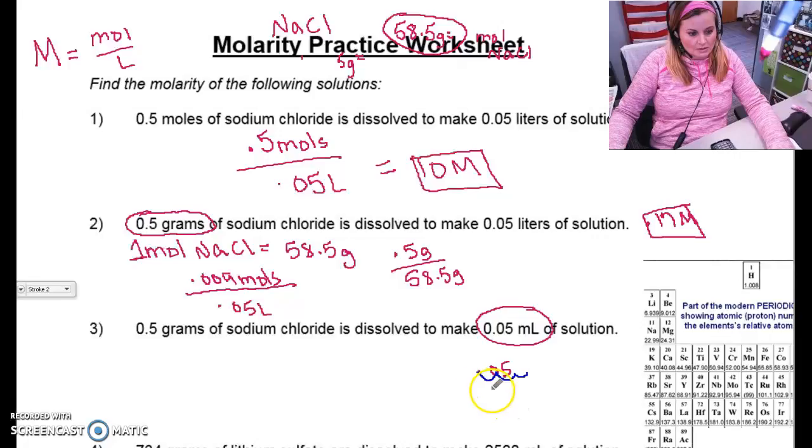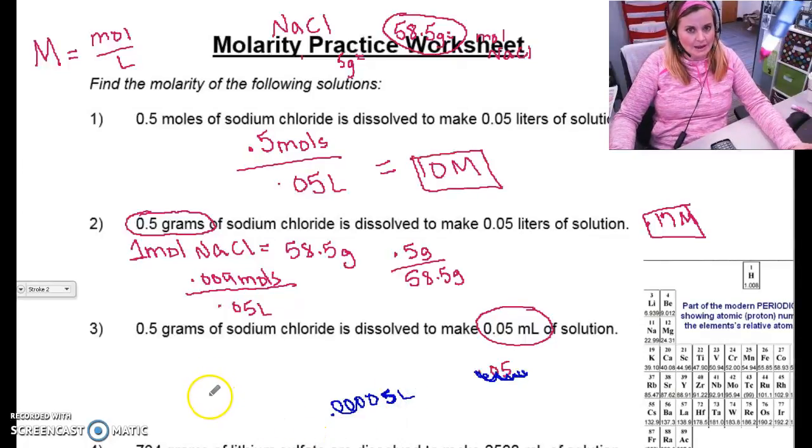Oh, I lied. Sorry, 3 places to the left, I was thinking... okay, my bad. So it's 1, which gives us 0.005, 2, which gives us 0.0005, and 3, which gives us 0.00005. That's how many liters it is.